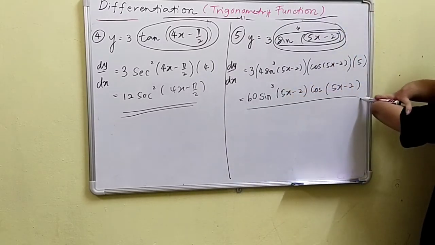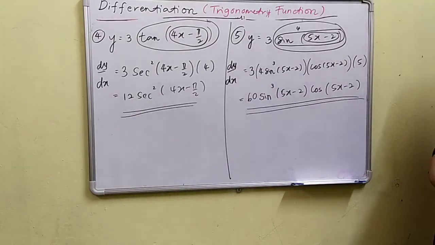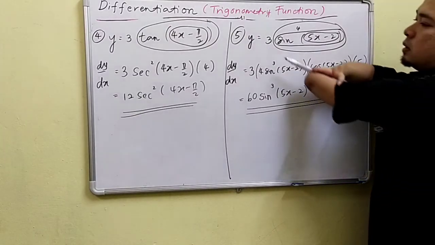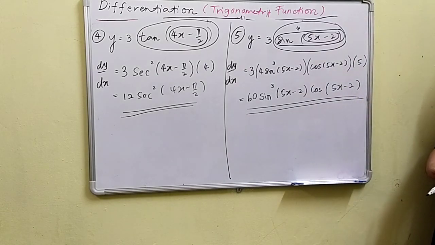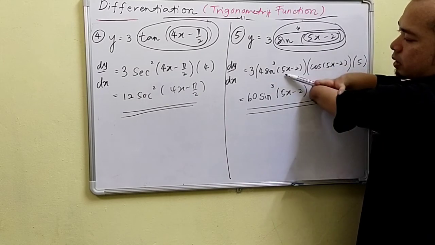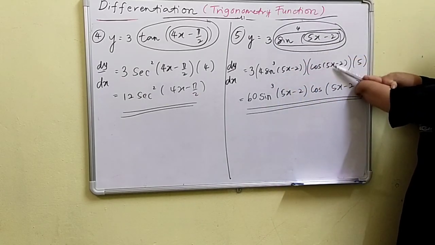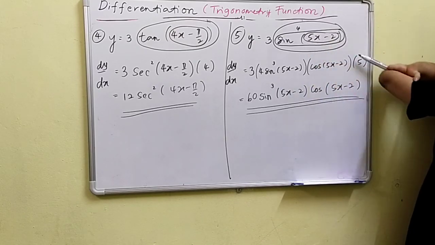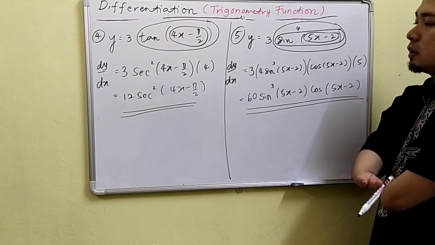So this is our final answer. Okay, remember 3 is just a constant, so the constant remain. The first outside, the power. The first inside, the function. Then another deeper inside, 5x minus 2. Then simplify everything.